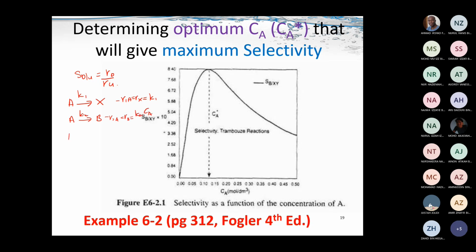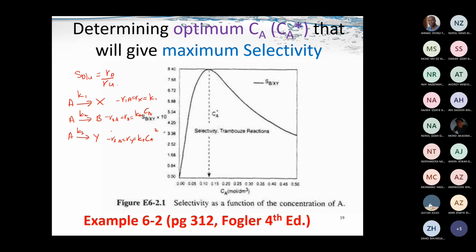And then we have another equation which is A to Y with K3, R3A is equal to RY is equal to K3CA2.